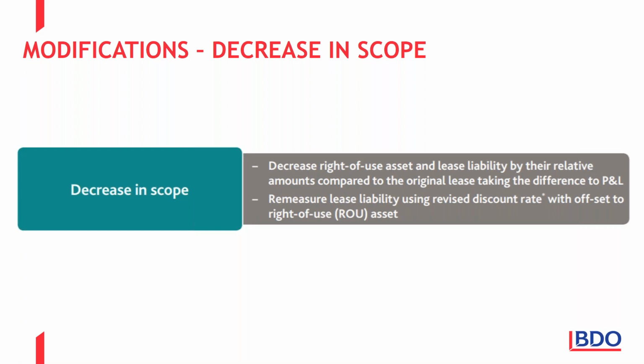So what happens here, if we have a decrease in scope, let's say we previously used level 18 and now we're only going to use half of level 18. The issue that we've got is we have to get rid of half of the lease liability and half of the right of use asset.